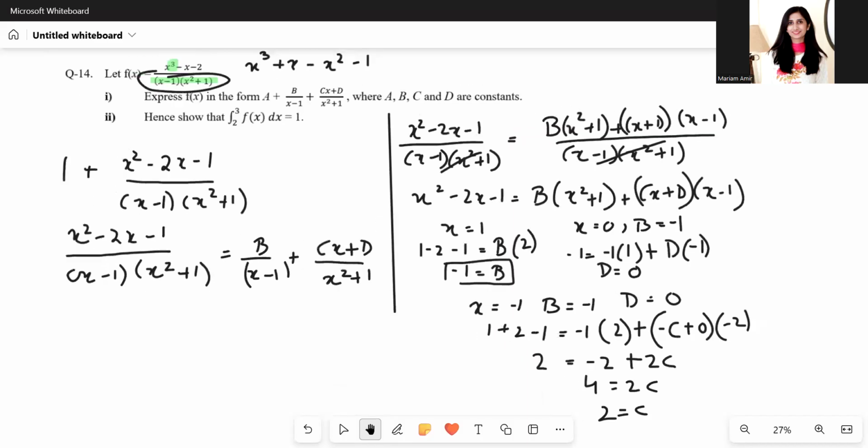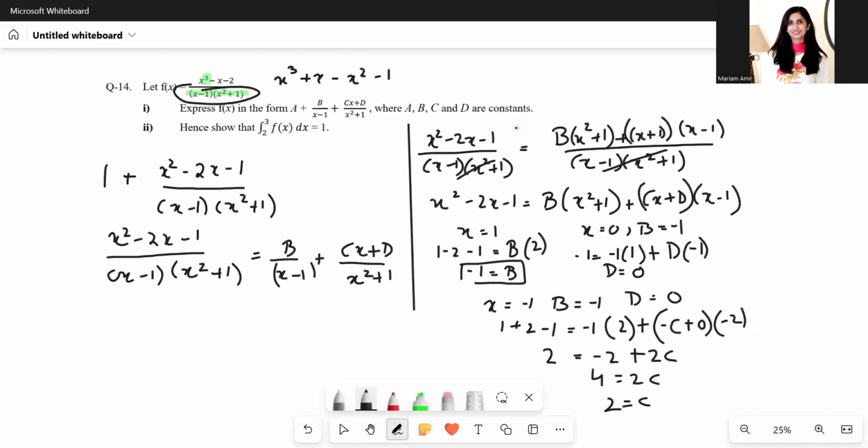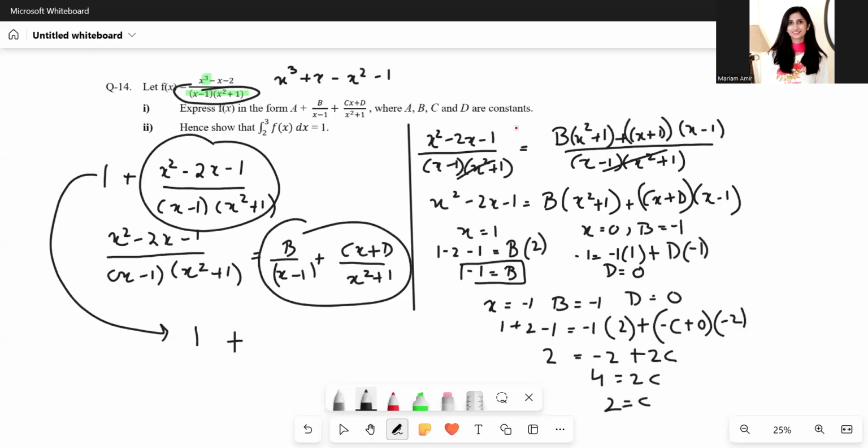So this becomes 1, first, plus this will be rewritten as this. B came out to be negative 1, so I'm going to write negative 1 over x minus 1 plus 2x plus 0, so just 2x upon x squared plus 1.